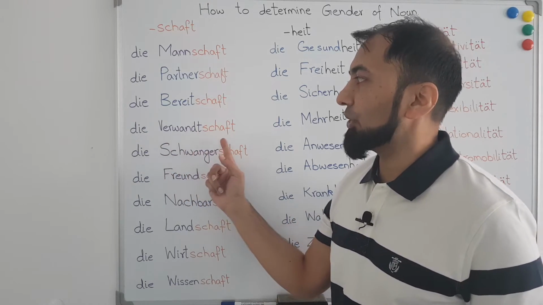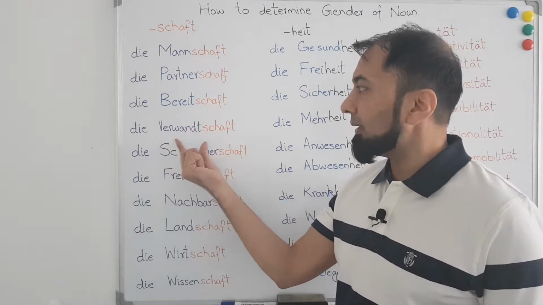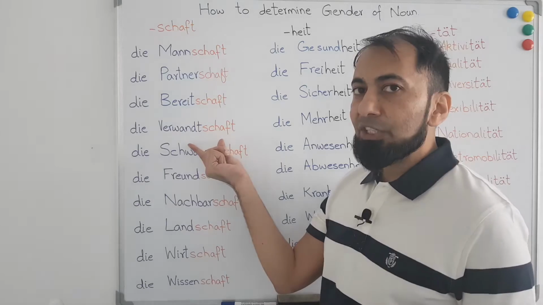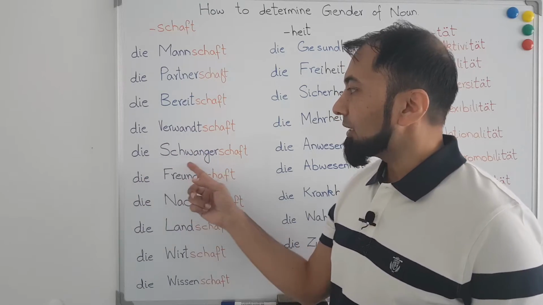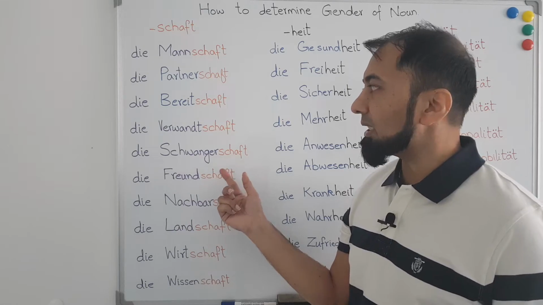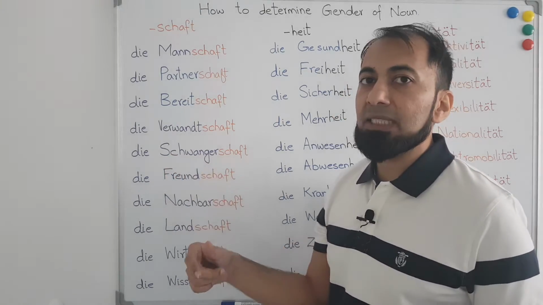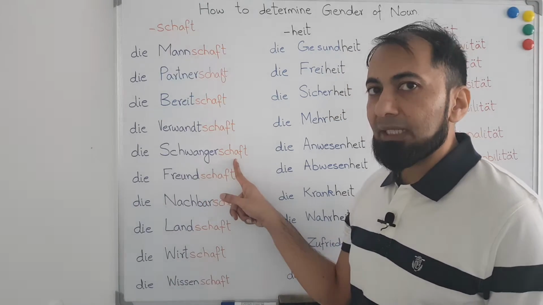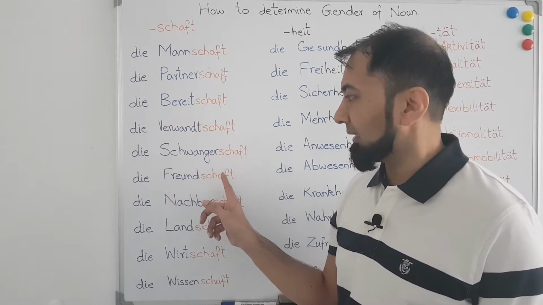Die Verwandtschaft. Again, verwandt means related, and if you put a suffix -schaft at the end, it will become relationship. Die Verwandtschaft. Die Schwangerschaft, which means pregnancy. So the first part is schwanger, which means pregnant, and if we put the suffix -schaft at the end, it will become Schwangerschaft and it's pregnancy.